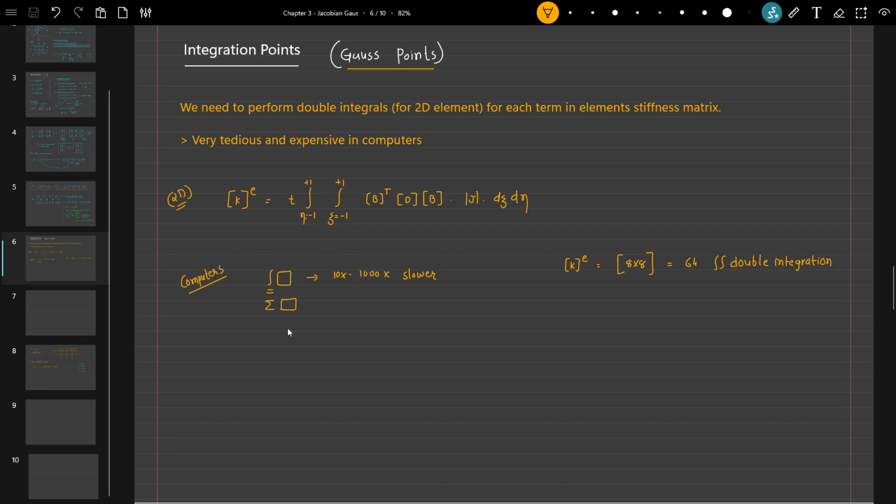So in order to get rid of such issues, there is the Gauss quadrature rule.